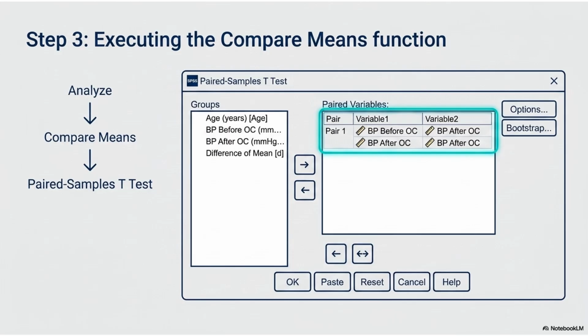Move in blood pressure before the use of oral contraceptive and blood pressure after the use of oral contraceptive. The objective of this study is to compare mean blood pressure before and after use of oral contraceptive treatment.